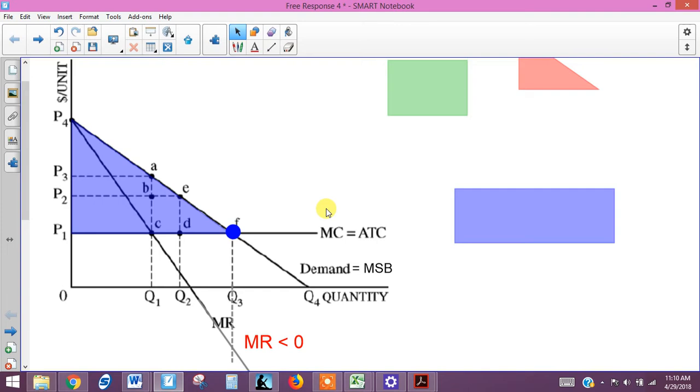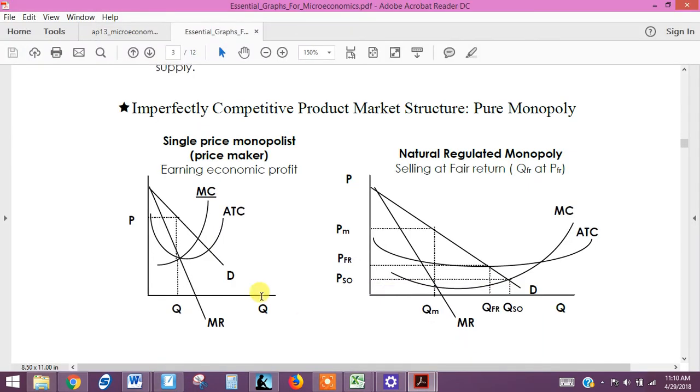If we jump back over to our more typical graph, that would be at this point right here, where price would equal average total cost. That's where they're going to earn a zero economic profit.